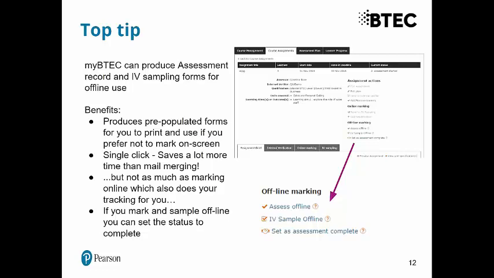You can now download that complete set of forms for you to use and handwrite them if that's what you want to do, if you don't want to go the whole hog initially and start entering things directly into myBTEC because you like paper. And you know, some people above a certain age, including myself, like a bit of paper now and then. It's reassuring.